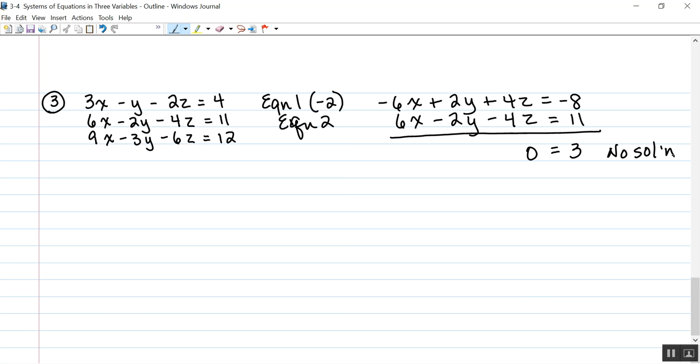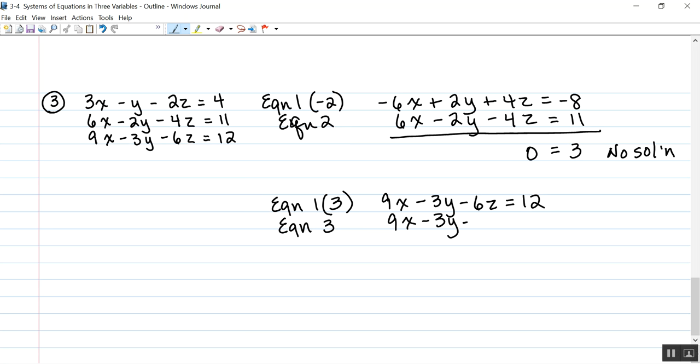Okay, and then you will notice that if I were to take equation number 1 and multiply it by 3, that gives me 9x minus 3y minus 6z equals 12. That's exactly the same as equation number 3: 9x minus 3y minus 6z equals 12.